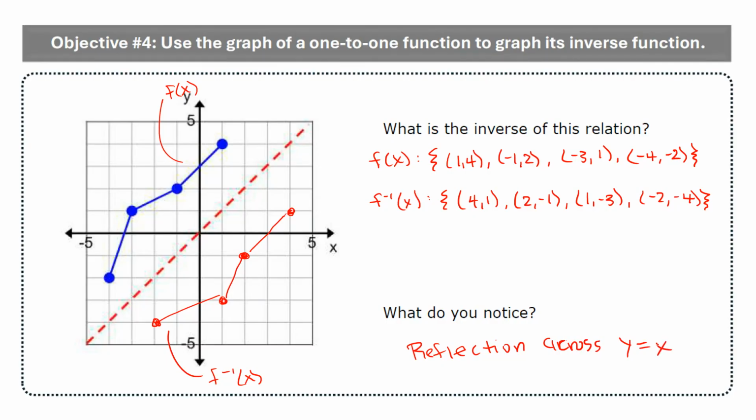They're reflections of each other across the line. And that line is y equals x. Okay? So if I have my points f of x and I create my dashed line, the points for the inverse of f are going to be the same equal distance from every point of f on the other side of my dashed line, which is the line of y equals x.